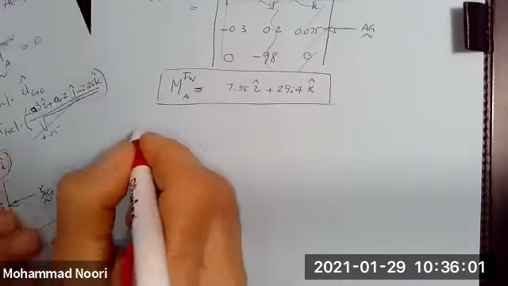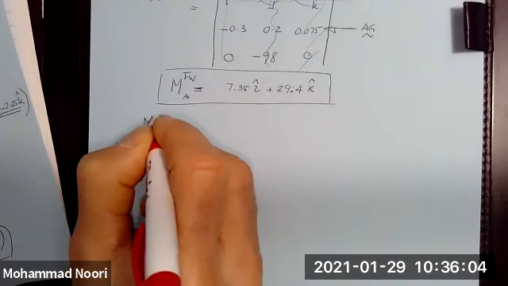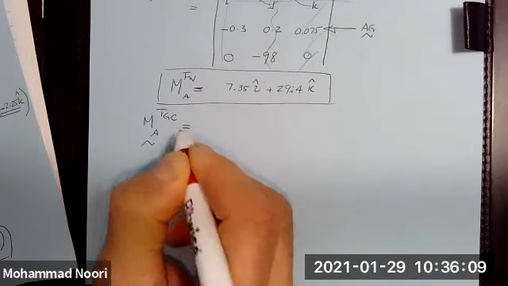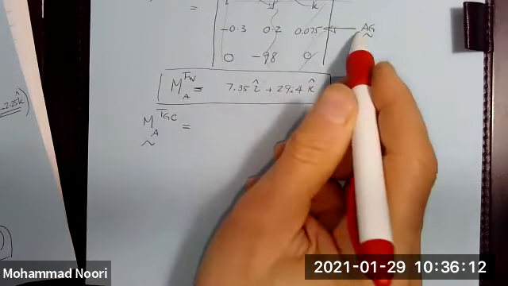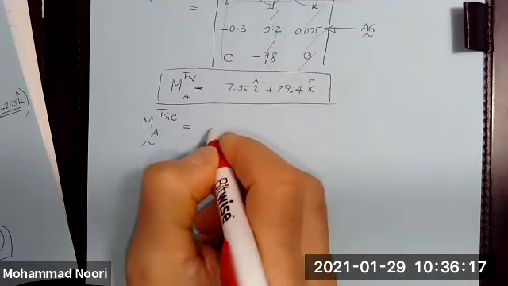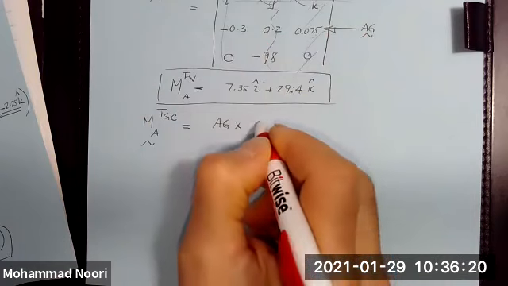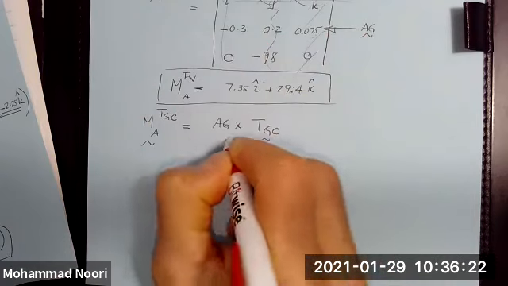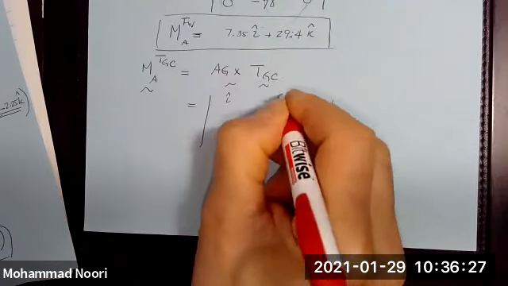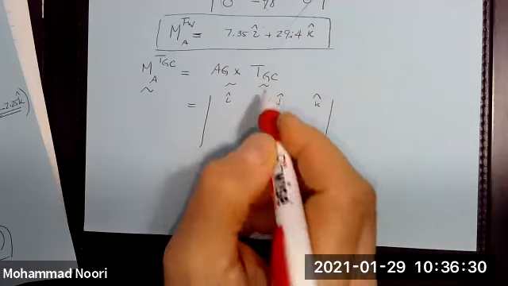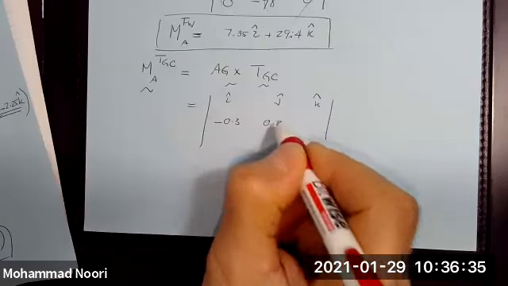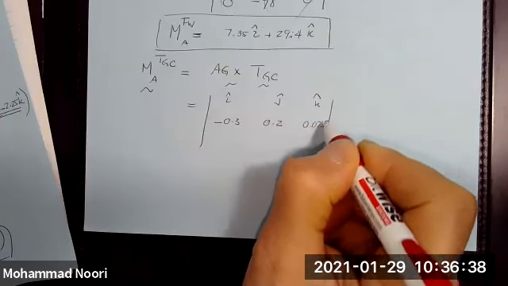One more. I need to find now the moment of the T_GC about A. Fortunately, the position vector is the same, AG cross T_GC. Okay, so I've set that up. I, J, K. Position vector is the same, I said: negative 0.3, 0.2, 0.075.